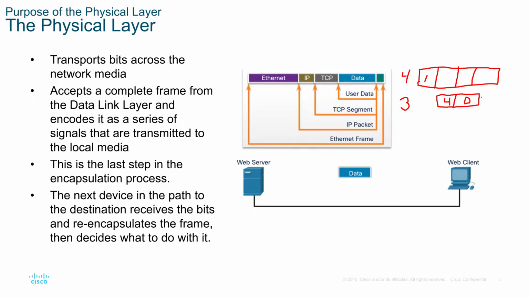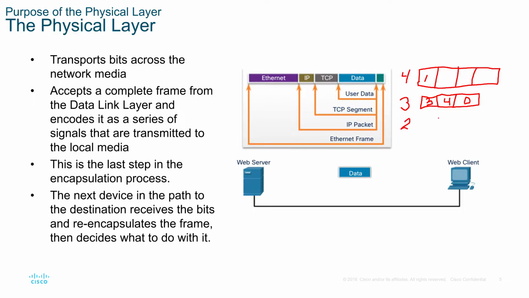So it sees the entire segment as a piece of data. Layer 3 will add on the IP addressing. It then sends it down to layer 2.